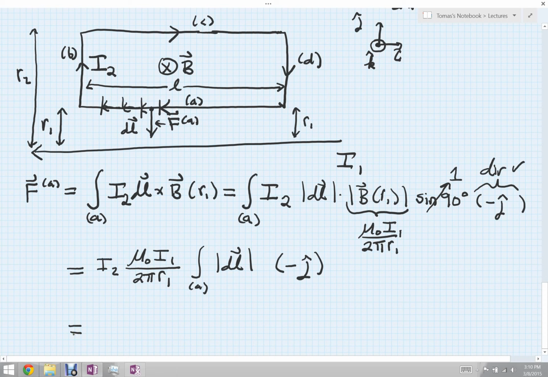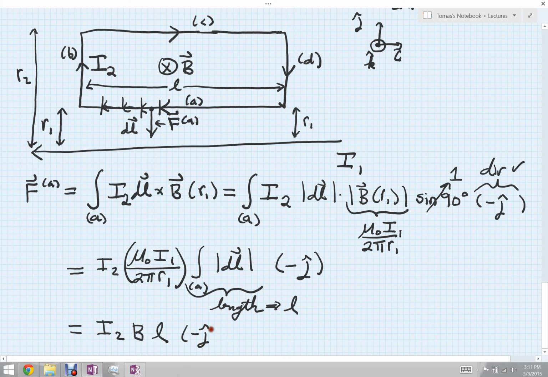I've got mu naught, and this integral, as I said, just becomes the length, which we had specified actually was L. So what I end up with then is a couple of ways of looking at this. I get I2 times the magnitude of B, that's what this quantity was, times the length L in the minus j hat direction.